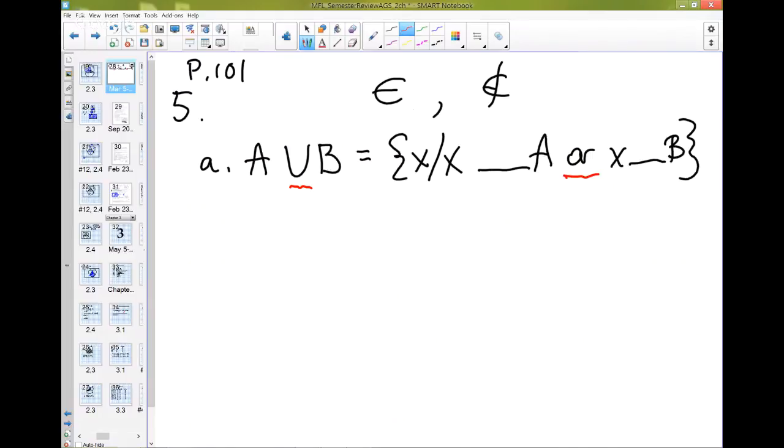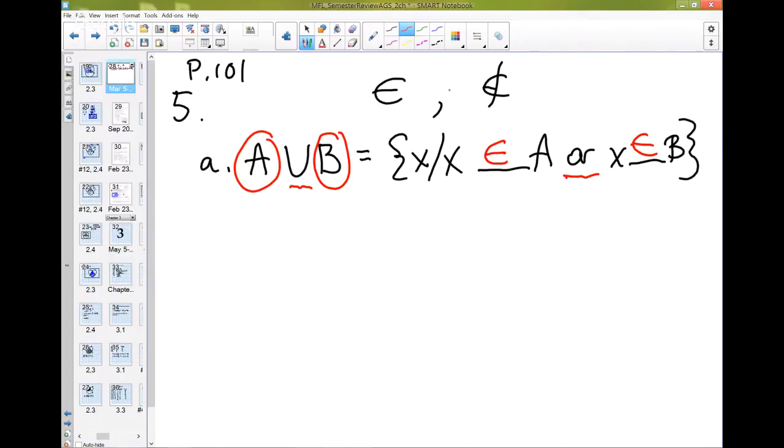When we say A, we mean everything in set A, so this one has to be an element. And in B, we mean everything in B. That's it for part A.